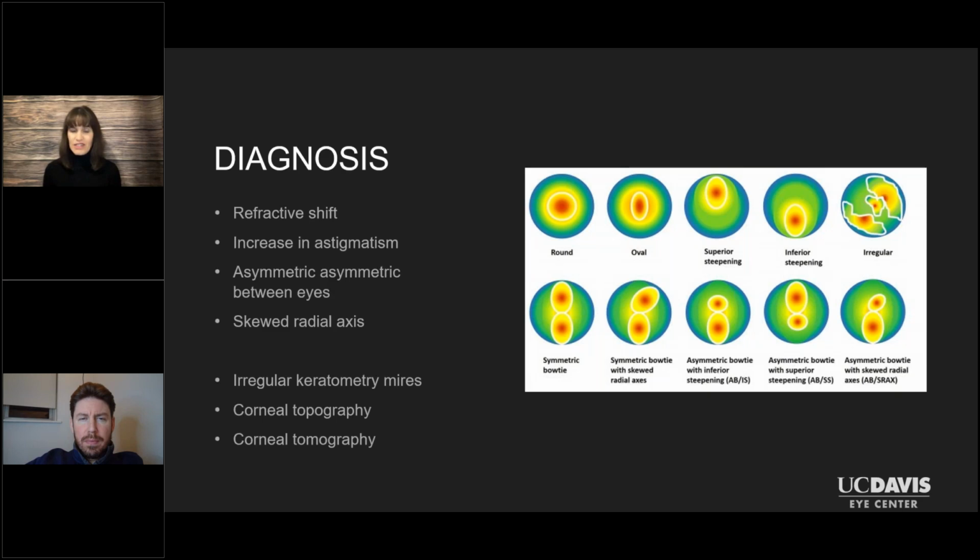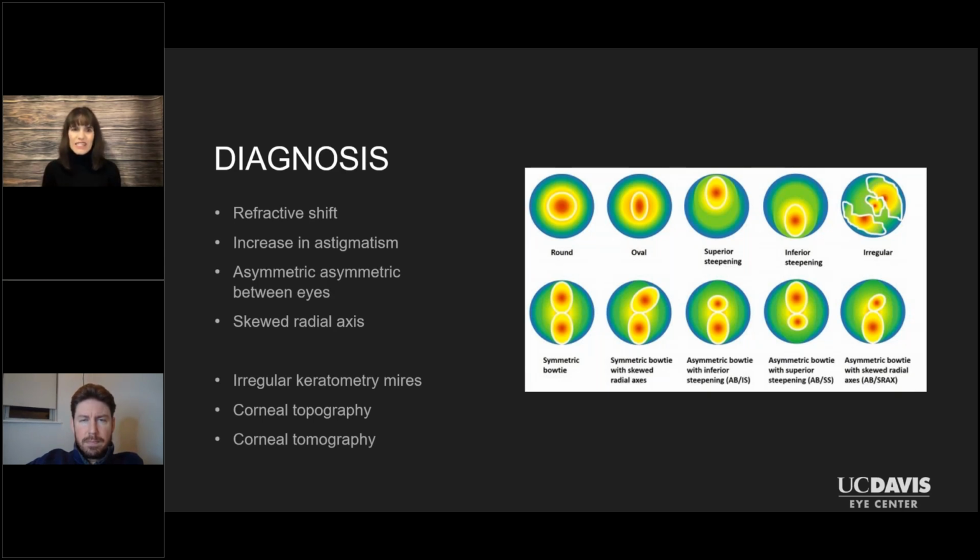If you have a keratometer, if you don't have a corneal topographer or tomographer, but you have a keratometer, I would encourage you to actually look and check keratometry in all of your patients who have astigmatism. We also want to look at the axis of the astigmatism. If there's an asymmetry between the eyes, if there's more astigmatism in one eye versus another eye.